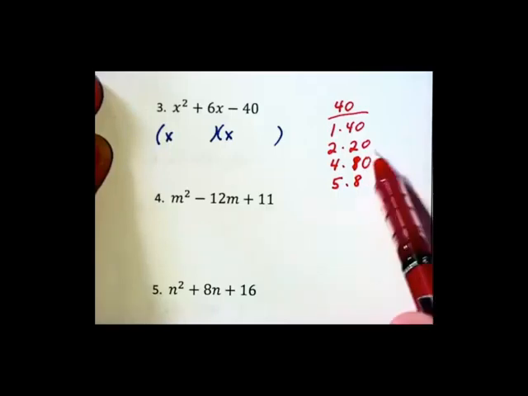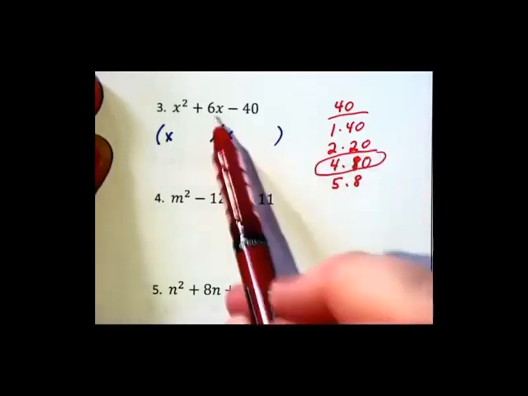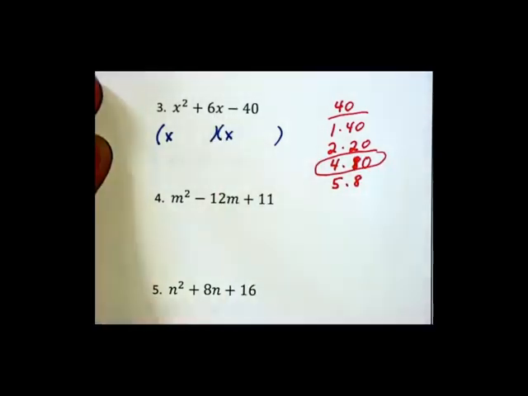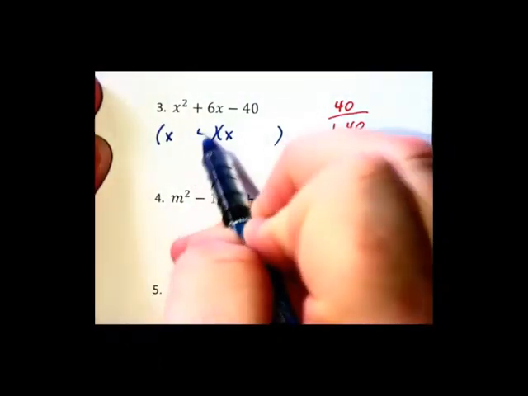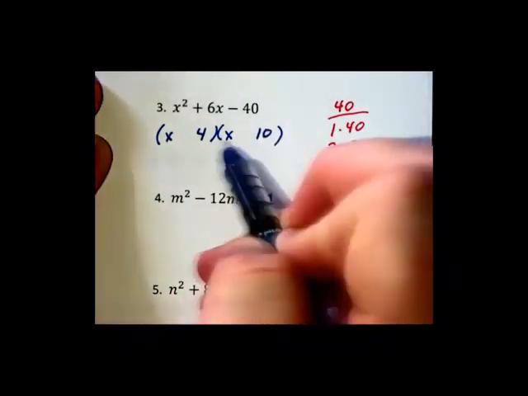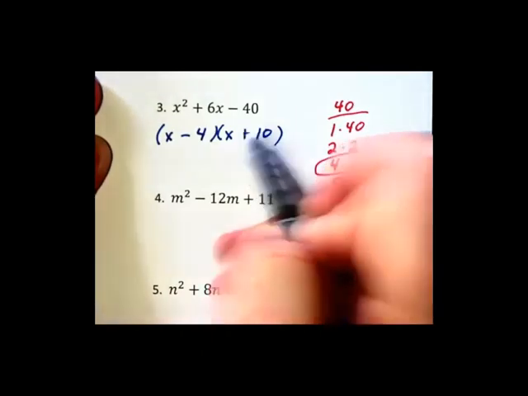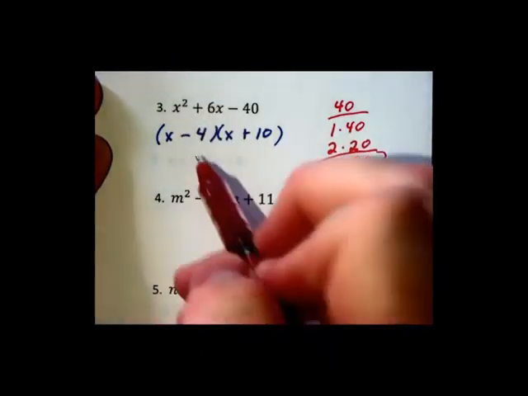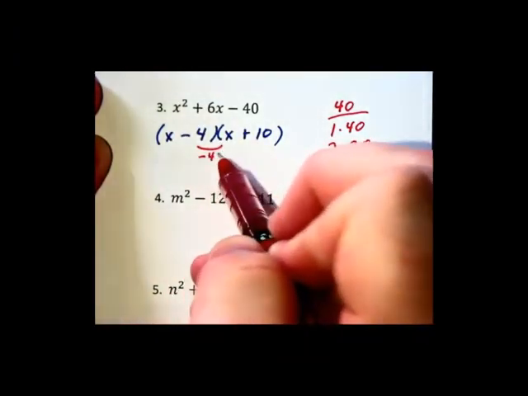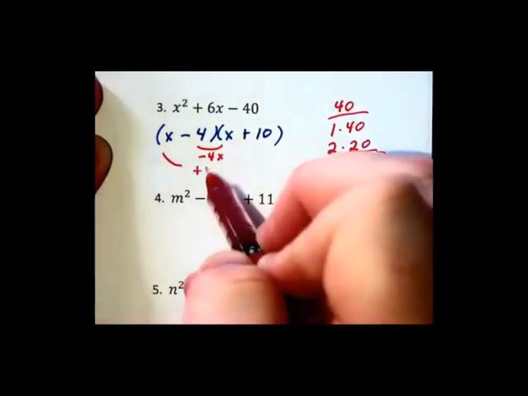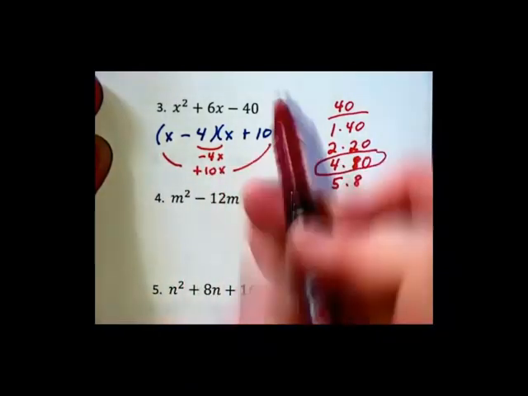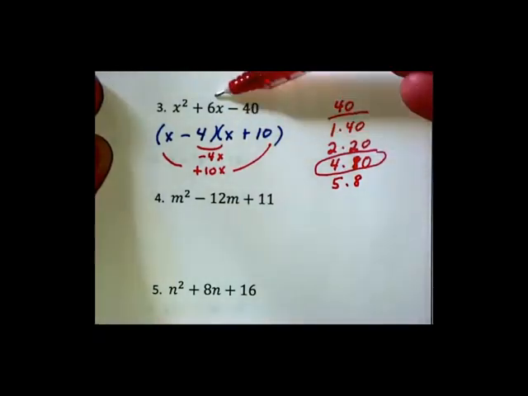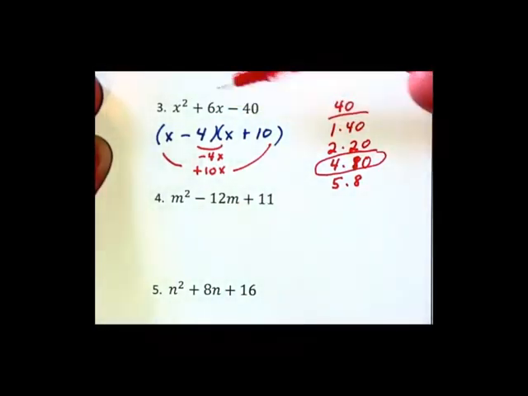Now, it's the 4 and the 10, as you can see, which will make that 6 in the middle. So we need a 4 and a 10, and it will end up being a minus 4 and a positive 10, so that the negative 4x and the positive 10x that we're going to end up getting will add together to make that 6x that's up there at the top in the center.